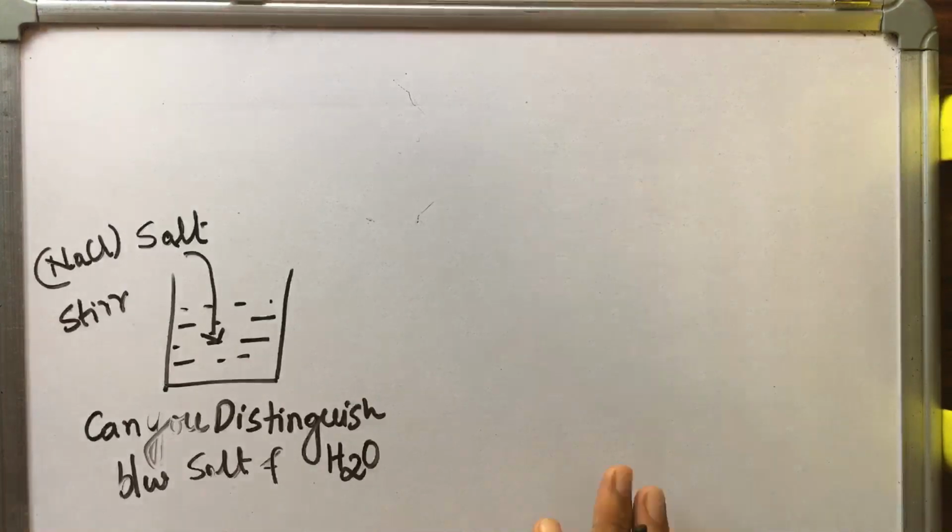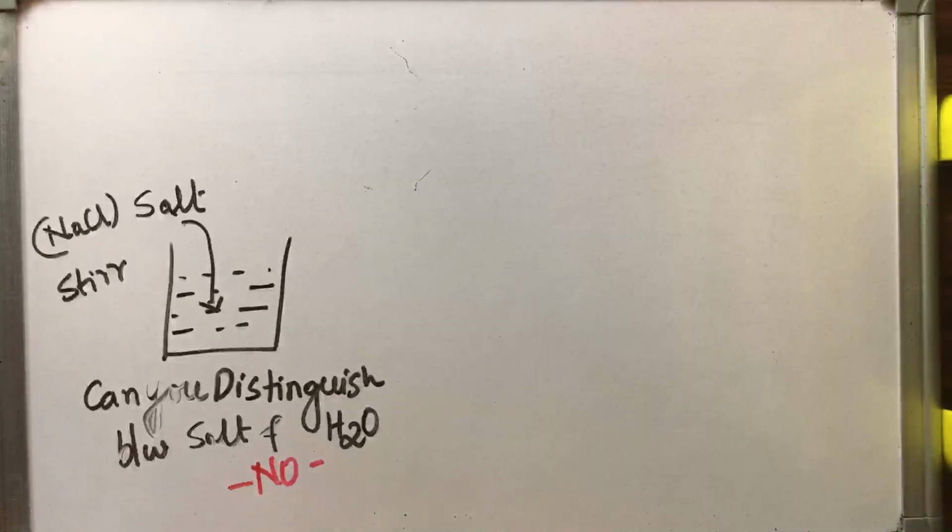Once you add NaCl into water and stir it, can you see the difference between salt and water? So what is the answer? No, you cannot see the difference. You cannot make out the salt and water separately.